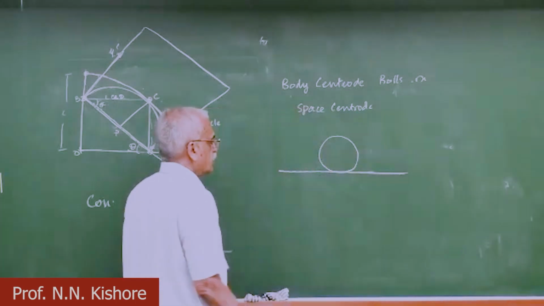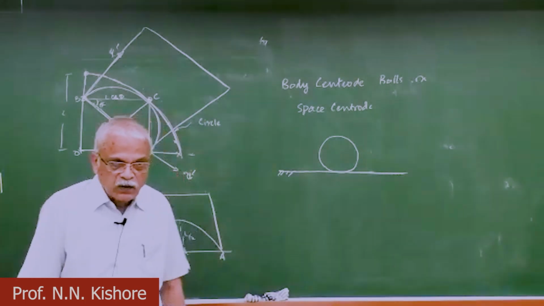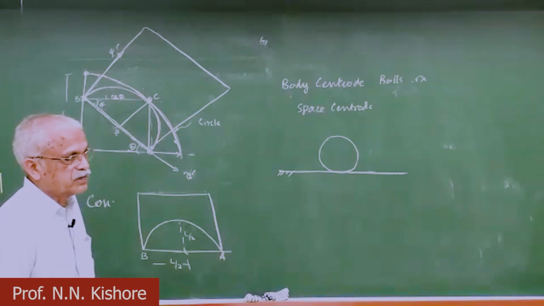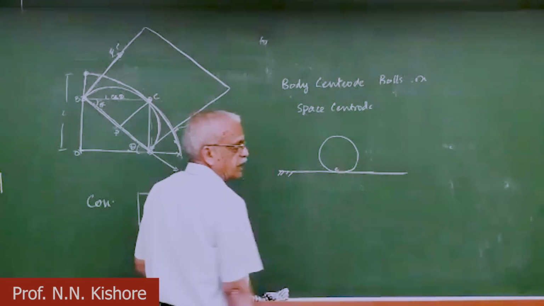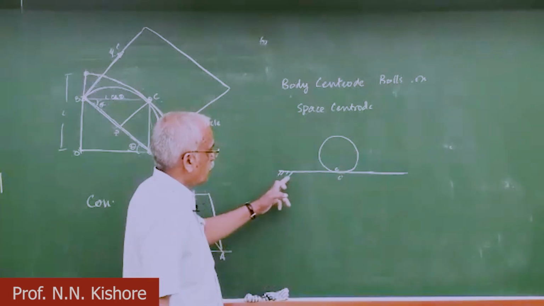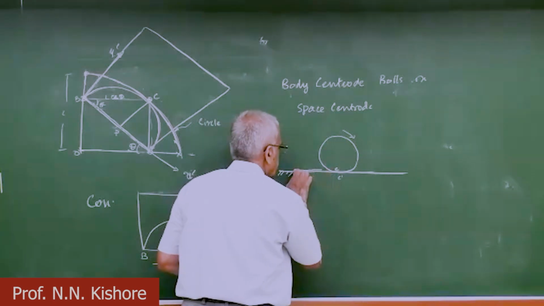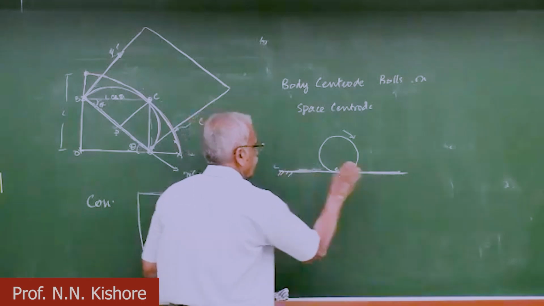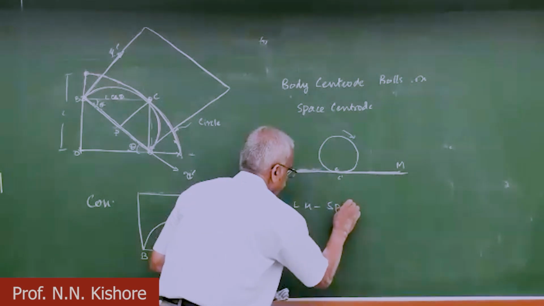So this is a disk rolling on a horizontal ground. Can you tell me where is the space centroid and where is the body centroid for this one? The bottom point here is the instantaneous center. As it rolls, the ground here, say LM, is itself the space centroid.